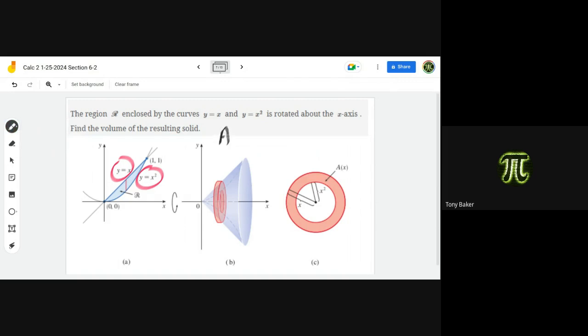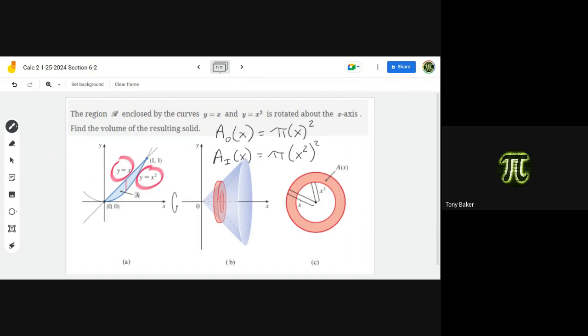So my outside one is going to be pi x squared. My inside one is going to be pi times x squared, squared. Does that make sense? Yes.